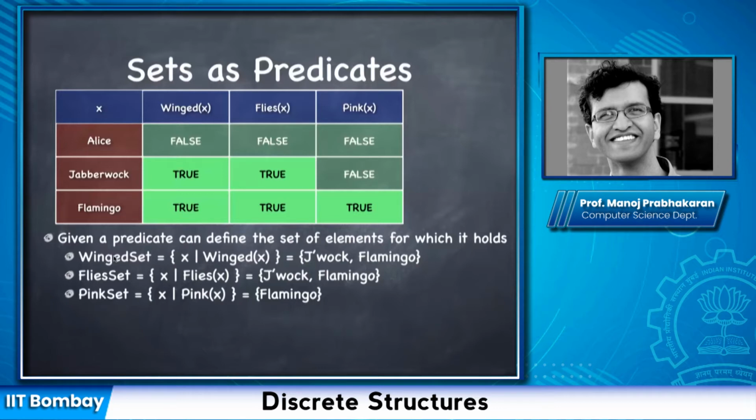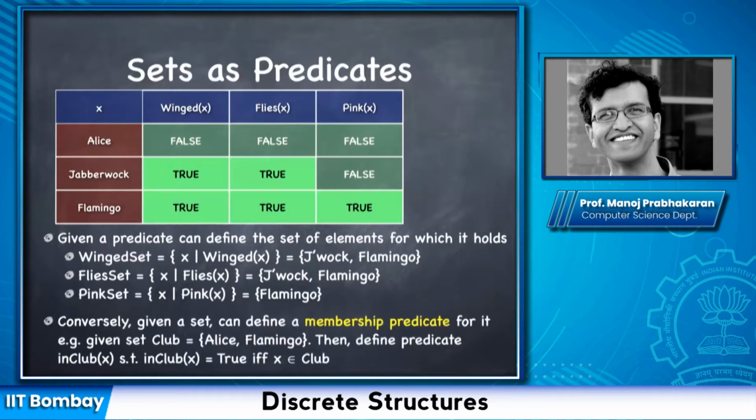Okay? And conversely, given an arbitrary set consisting of elements in this domain, you could define a predicate. You could define what you could call a membership predicate corresponding to that set. So consider a set that consists of Alice and Flamingo. I'm giving the set a name, club.